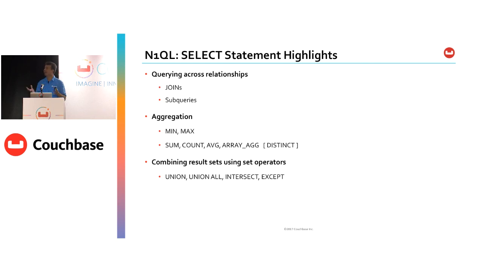You can have an array aggregate which can combine the hobbies of your customers and return it as an array. So we have extended aggregates to include an array aggregate. Standard set operations, union, union all, intersect, except, work just like standard SQL.